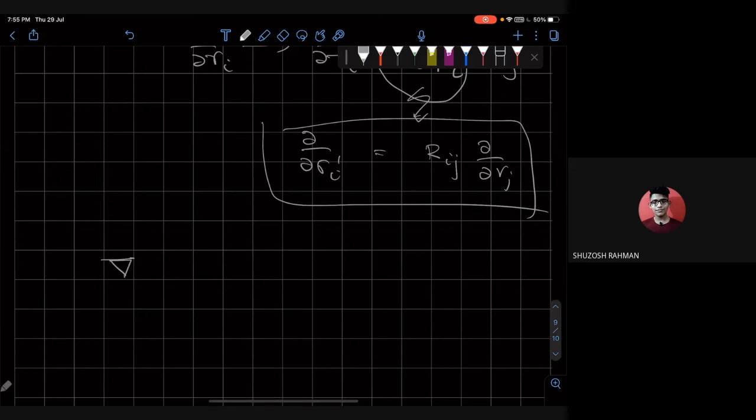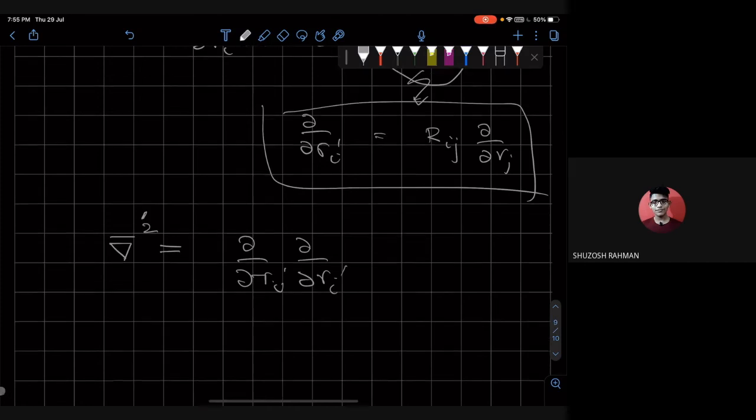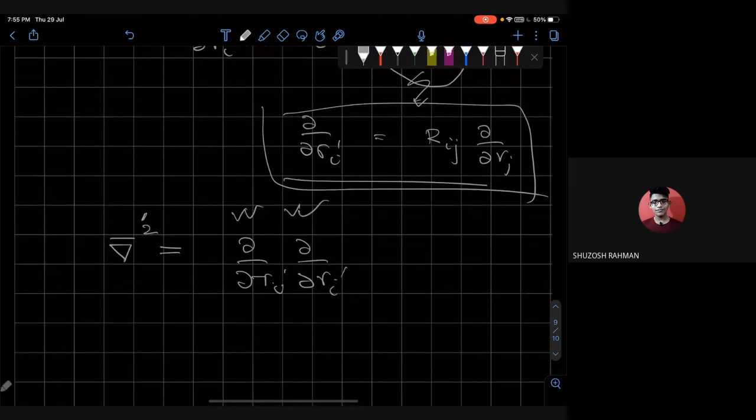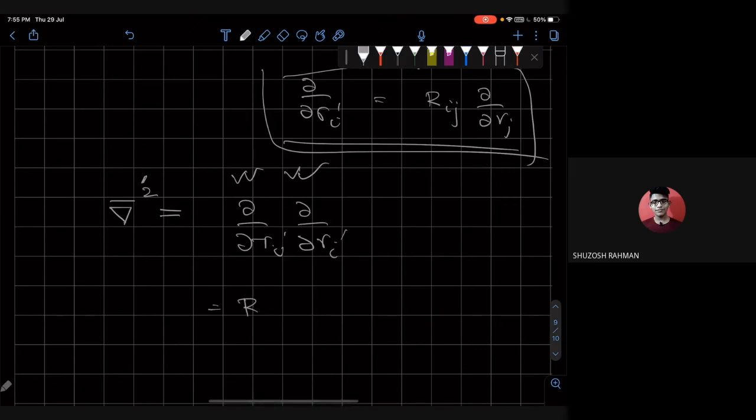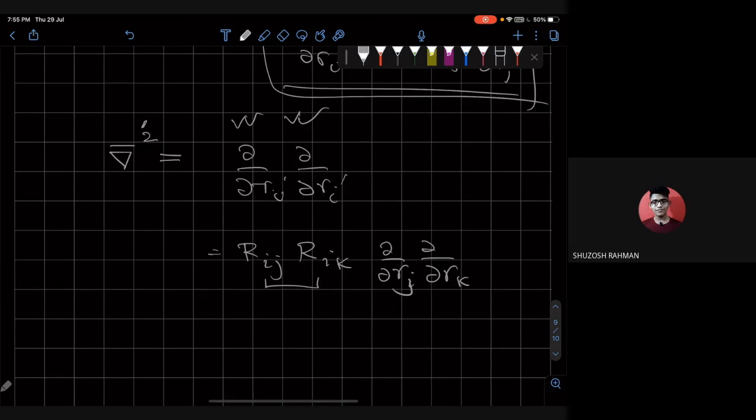Therefore the Laplacian in the new, rotated coordinate system, let's call it prime, is given by del r_i prime, del r_i prime, but each of these is given by this thing. So I have R_ij R_ik del r_j del r_k, where there's a sum over i. See that the sum is over the first indices of both.